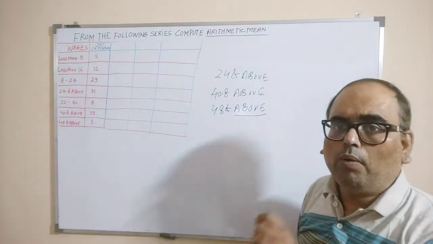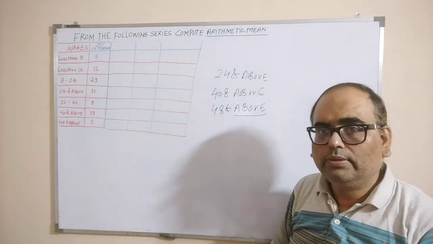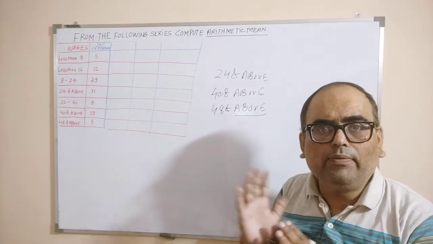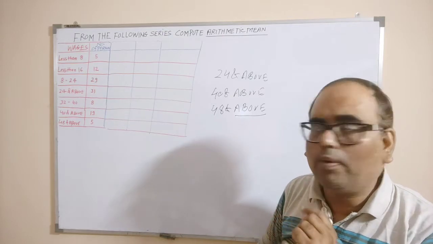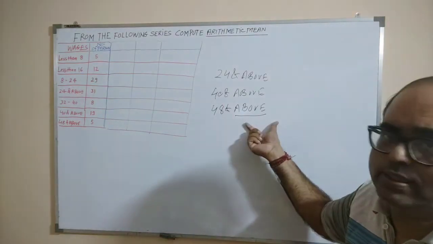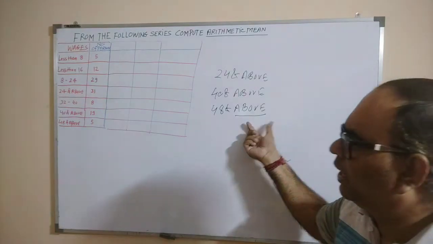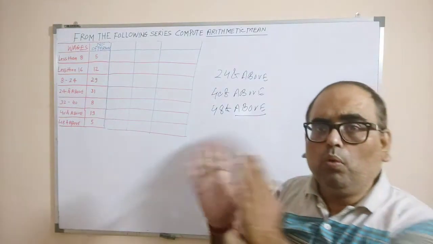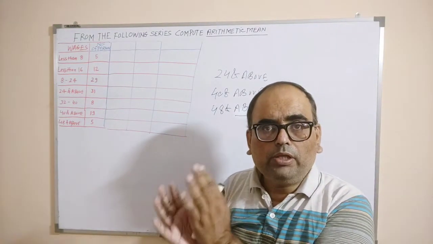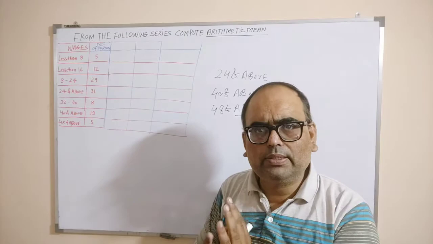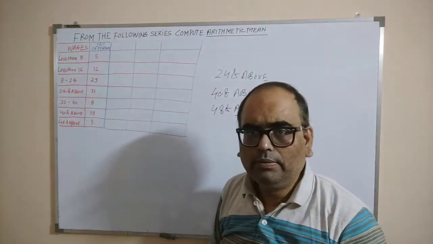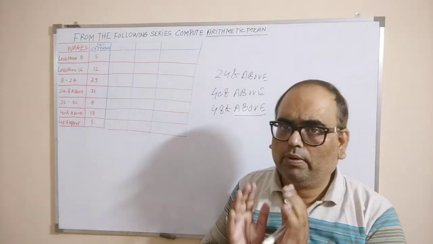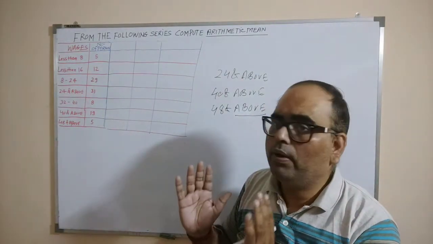What does above mean here? 48 and above means from 48 to the maximum wages given to any worker, and that is given to 5 persons. 40 and above means 40 to the maximum wages, which is given to 19 persons. And 24 to the maximum wages is given to 31 persons.